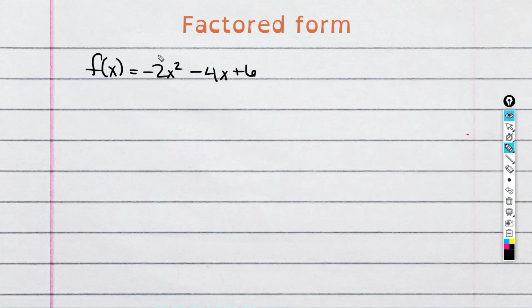And so anytime your A is negative, you always have a GCF that is going to be negative. So if this is negative, you have a negative here.